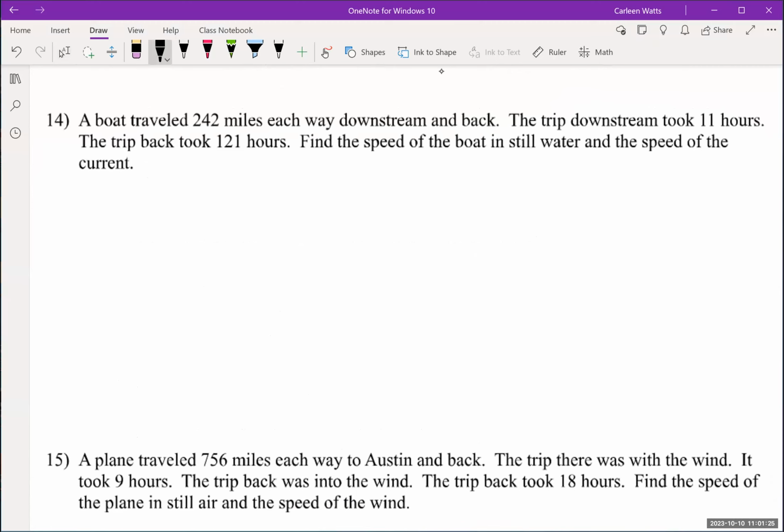So in junior high, you learned that rate times time equals distance. So we're going to make a box. If this is a boat or airplane, make a box.